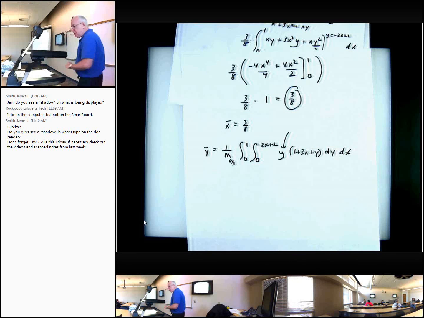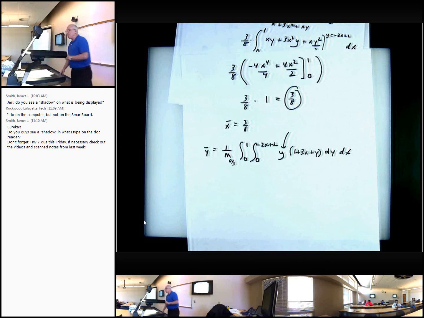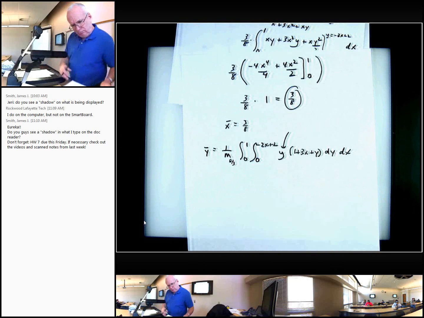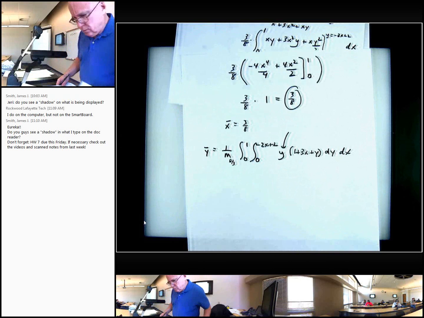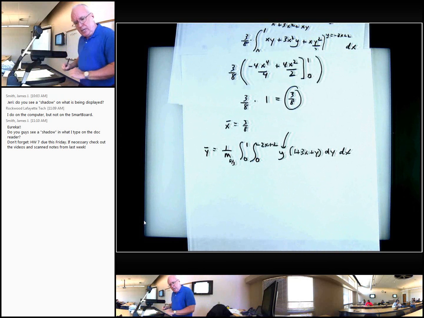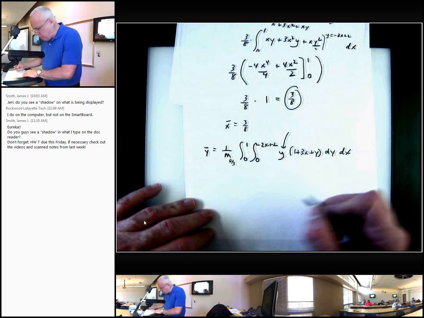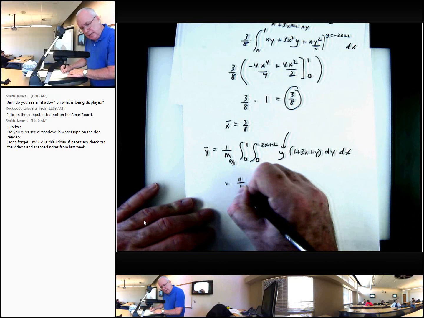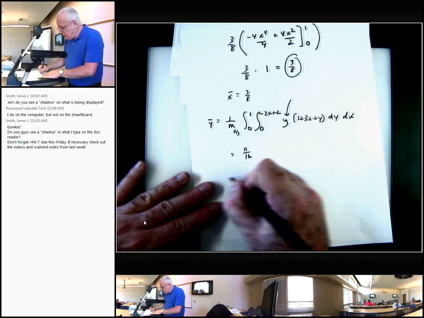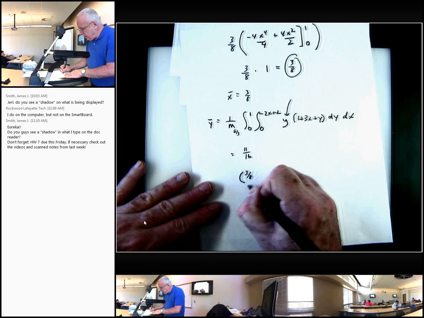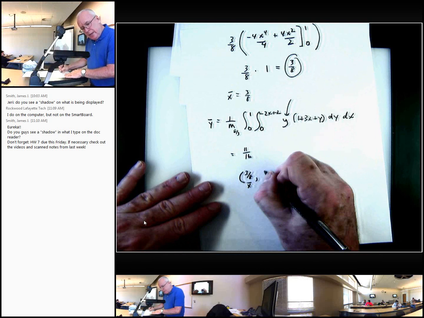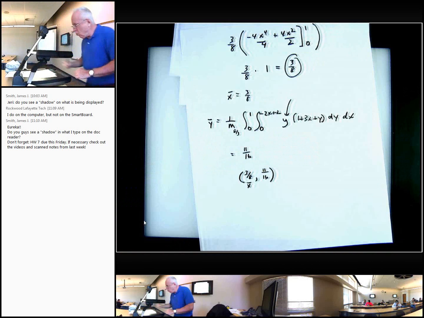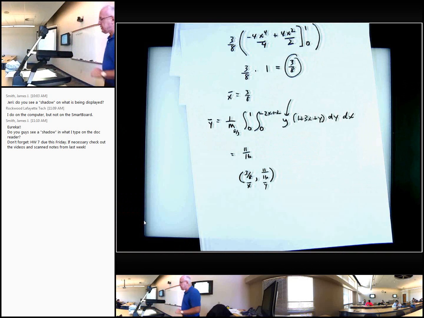So it's y times this, and we go through the same process. What we end up coming up with is a value of 11 over 16. So our center of mass is x bar is 3/8 and y bar is 11 over 16.